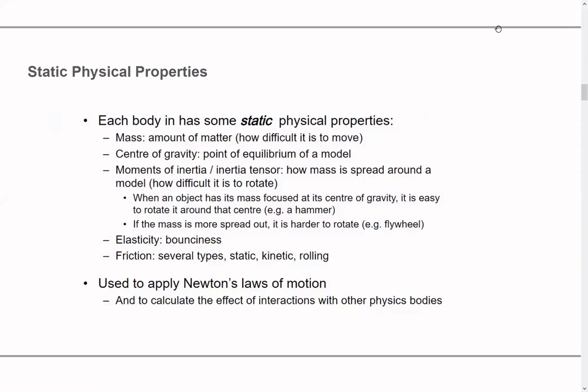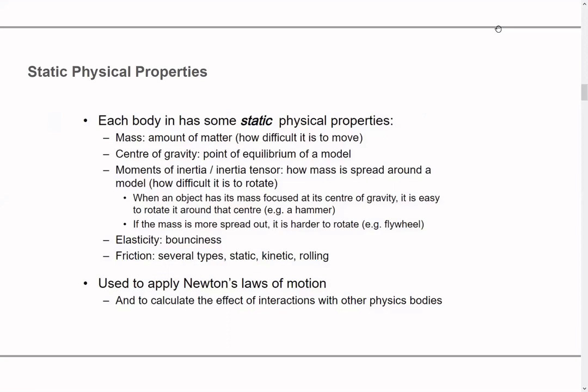These are what we actually use when we apply Newton's laws of motion to calculate the effect of interactions with other physics bodies. That's how we represent collisions or movement, whatever we want to do in our game engine. We do it by applying Newton's laws of motion to show what happens between bodies.